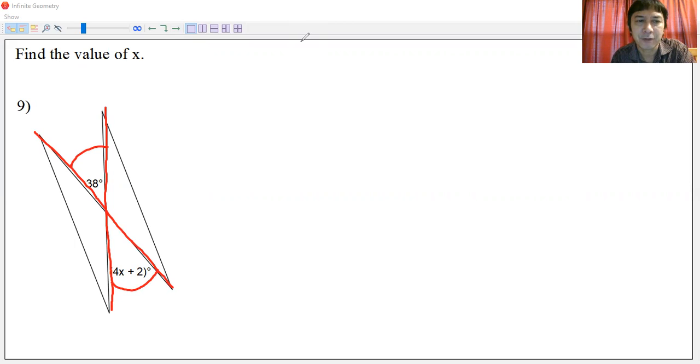Now, for vertical angles, this is an angle pair formed by two intersecting lines. Okay, and so these are non-adjacent angle pairs formed by two intersecting lines. Okay, and they are congruent. So your working equation here is 4x plus 2 equals the other.